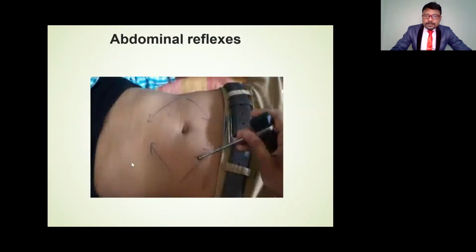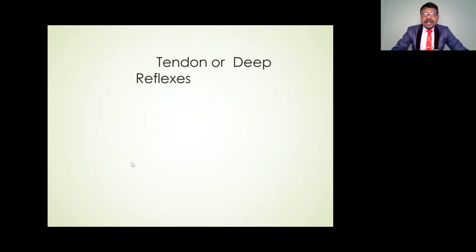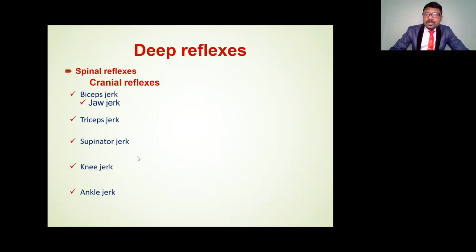So next, the deep tendon reflexes. These deep tendon reflexes are very important for assessing the tendon, especially related to the muscles. They are also called monosynaptic reflexes. These are the biceps reflex, triceps, supinator, knee jerk, and ankle jerk.